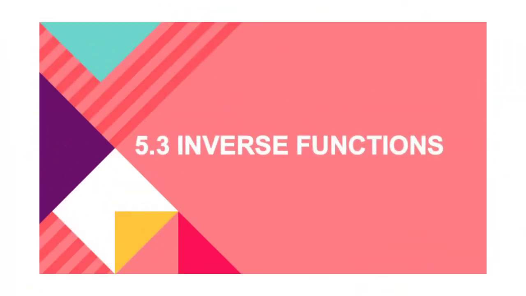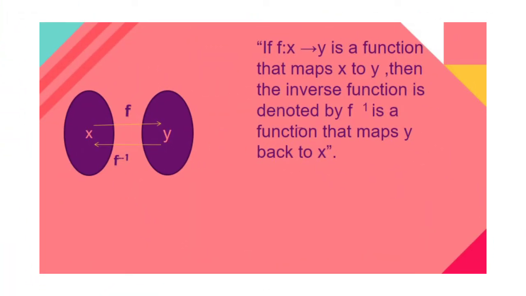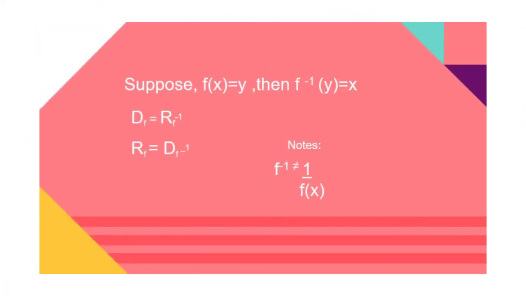For inverse function, if f(x) maps to y, then the inverse function is denoted by f inverse, where f inverse is the function that maps y back to x. We can look into the arrow diagram: when x maps to y, we call it f(x), and when y goes back to x, this is what we call the inverse. Suppose f(x) equals y, then f inverse of y equals x.